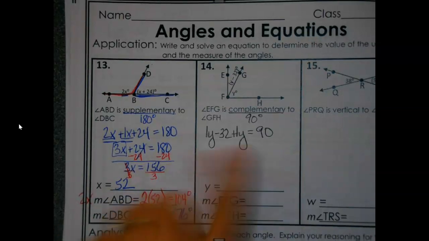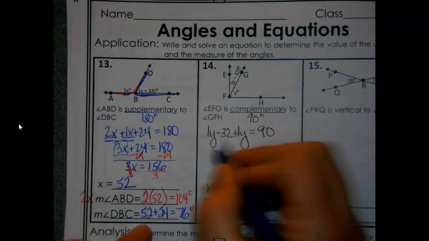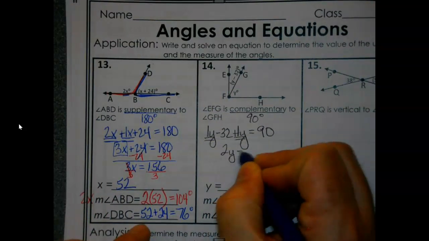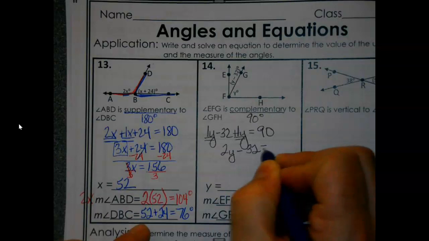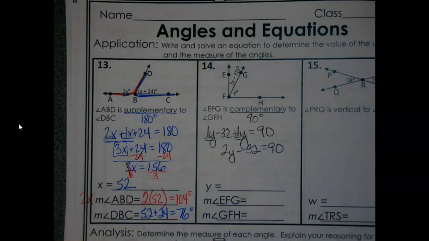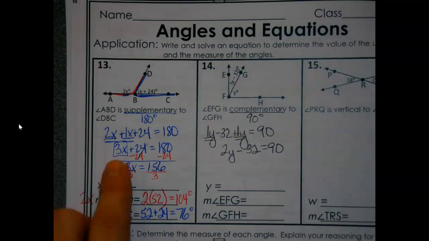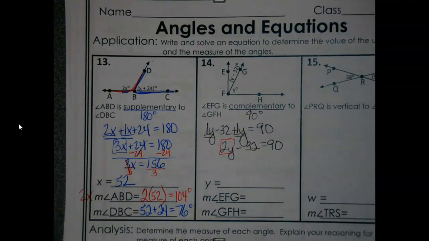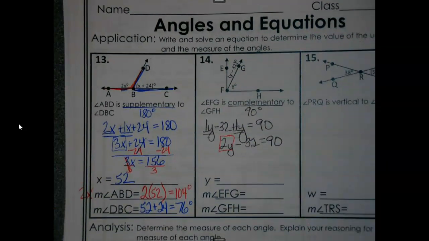So I'm kind of going to use this to help me see what I should do. So y plus y be 2y. And now I start down the same track I did here, doing opposites to get y by itself.